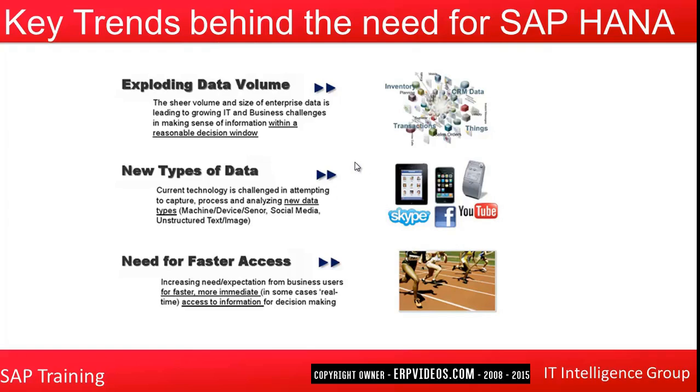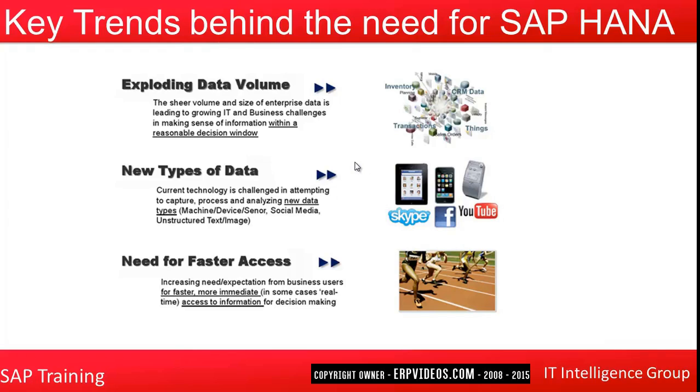So with HANA you are leveraging the memory for doing the reading work. Okay, so that's where you are using the power of memory, HANA, for doing the calculation within memory, inside memory.